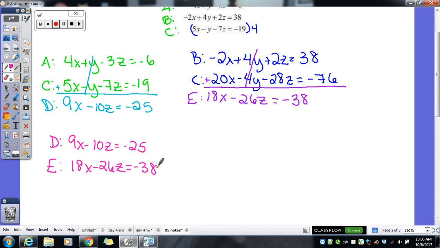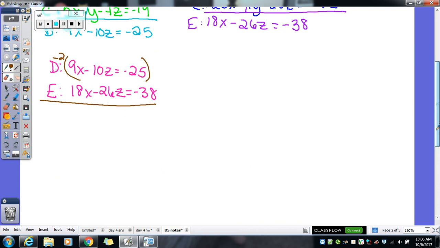So I think for this next round, probably get rid of X's, because I got a 9 and an 18. Yes, so we're going to multiply this top one, our D, times a negative 2. So that gives us negative 18x, a positive 20z, equals a positive 50. And then I'm just going to rewrite the second one, lining everything up.